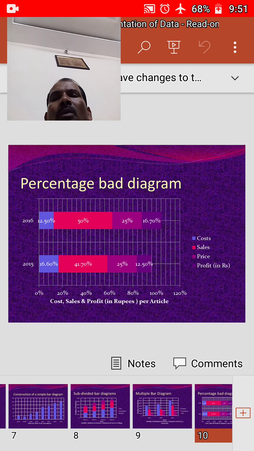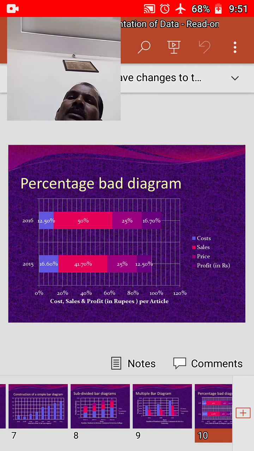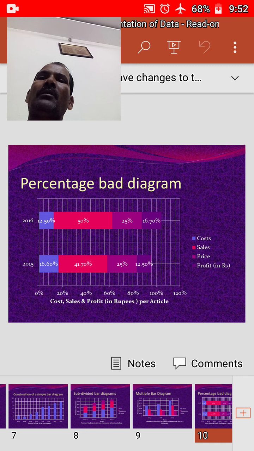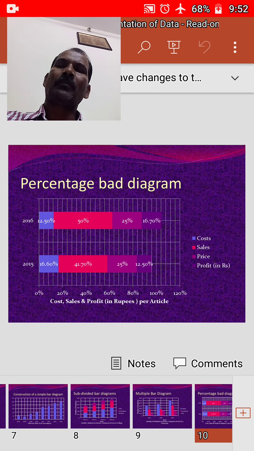In 2015 the total cost is 35 and the sales price is 40, so you will get a margin profit of 5 rupees. Whereas in 2016 the sales price is 60 and the total cost is 50, hence you will get a profit of 10.